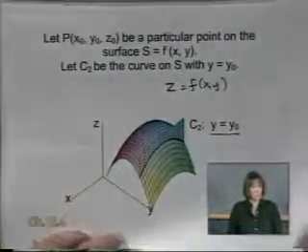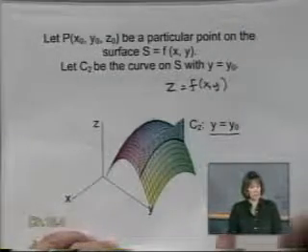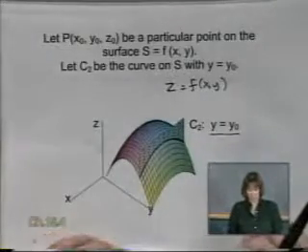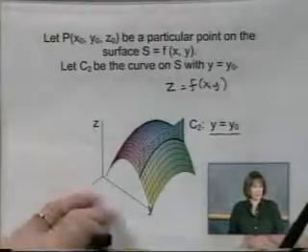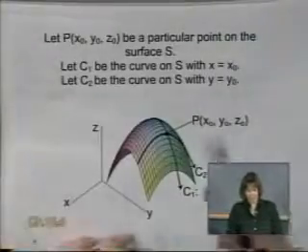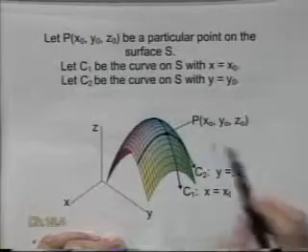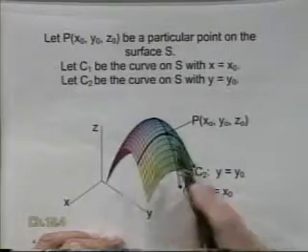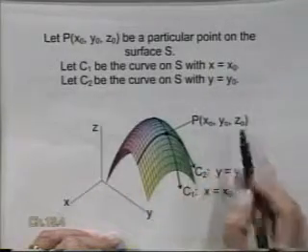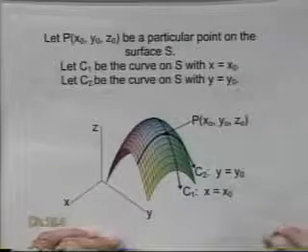So the one curve I got by picking the points on the surface where x equals some constant x naught, and C2 is the set of points on the surface for which y is equal to that constant y naught. Now I'm showing both of the curves on this surface, x equal to a constant and y equal to a constant. Notice the two of them intersect at this particular point, which I'm calling point P, which has coordinates x naught, y naught, and z naught.